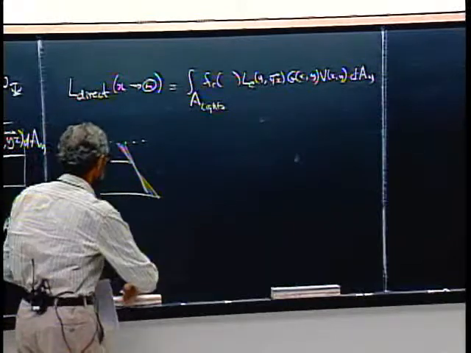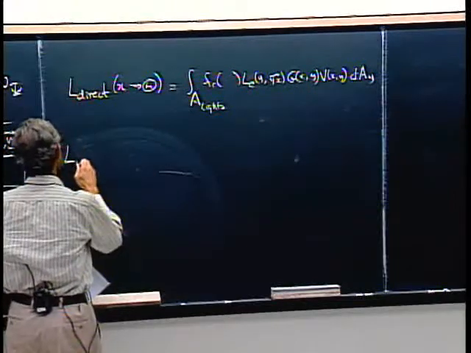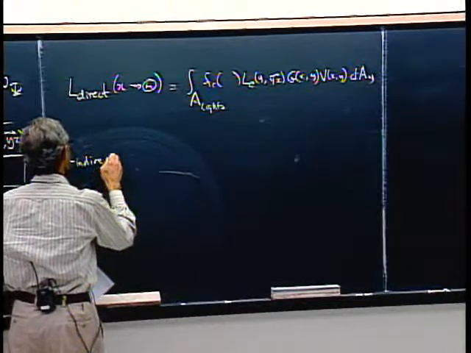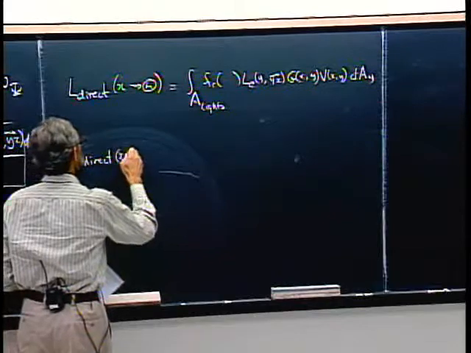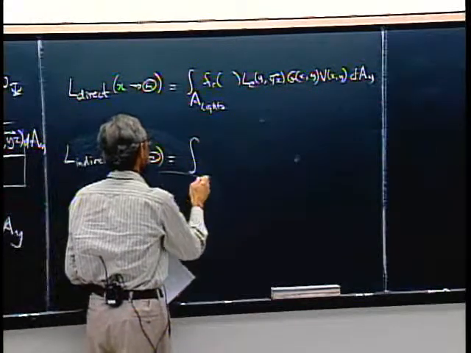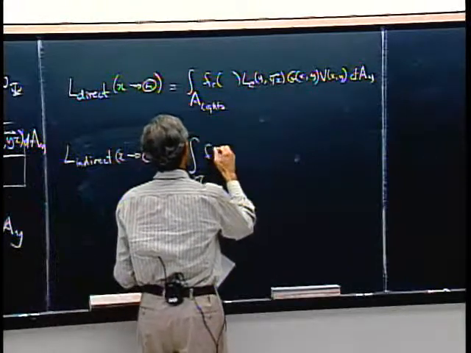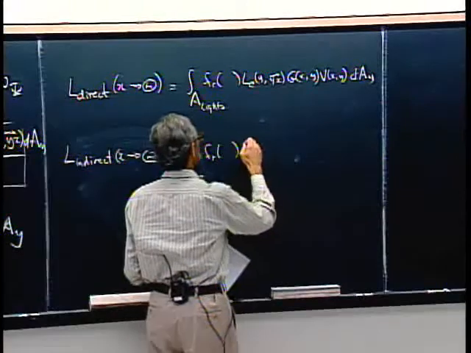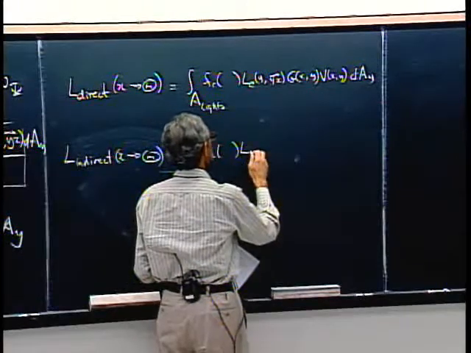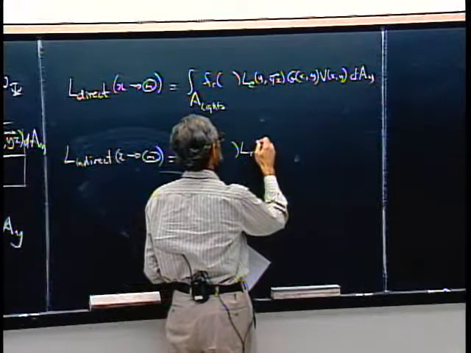And then you could do L indirect at X coming out in direction theta. You might want to do that over the hemisphere of this f_r times L. And now this is the reflected light instead of the emitted light.